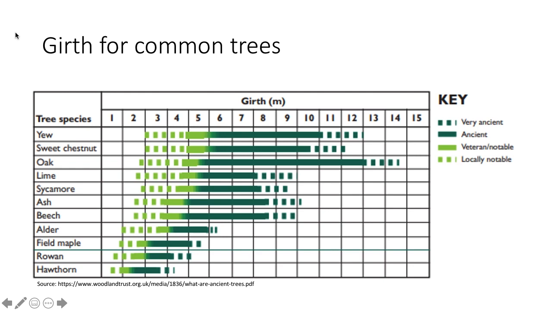And so as you can see, a few species you would expect to find a larger girth for them to be classed as ancient, but for other species such as field maple, rowan and hawthorn, you wouldn't actually expect to find as large a girth for them to be classed as ancient. So this is a really, really helpful way to understand which species are ancient based on the girth measurement that you've taken.